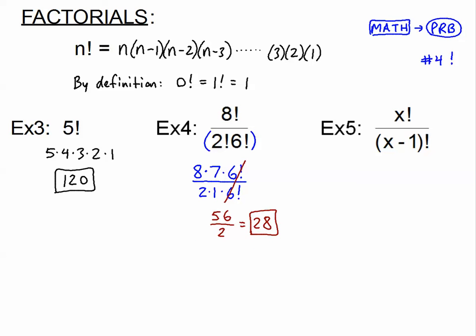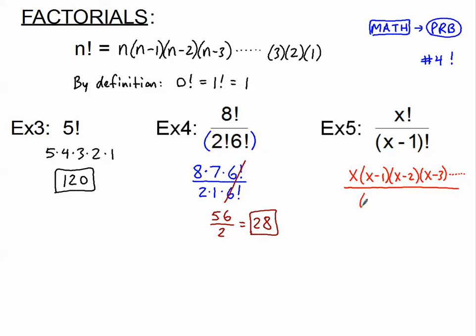Because I don't want you always relying on your calculator, I might do something with variables like this, x factorial divided by x minus 1 factorial. Well, as long as you know what a factorial is, x factorial in this numerator is the same thing as x times x minus 1 times x minus 2 times x minus 3, and so on forever.